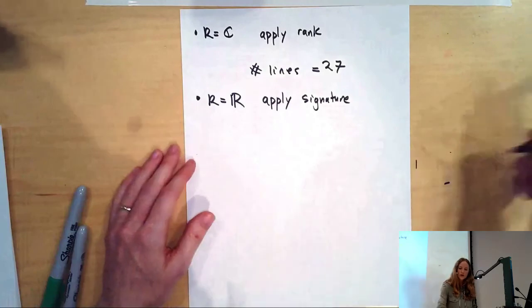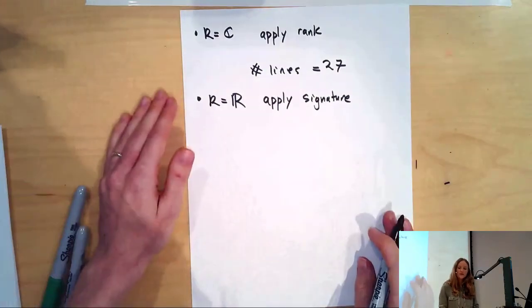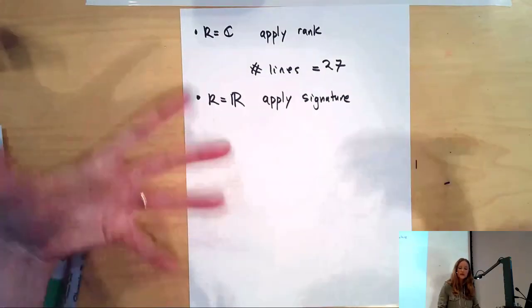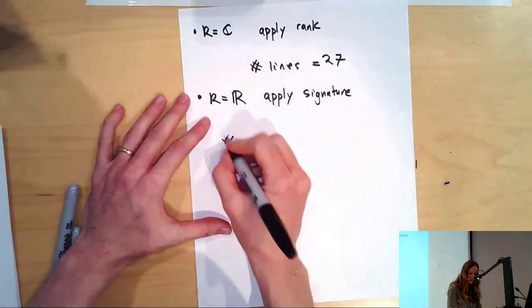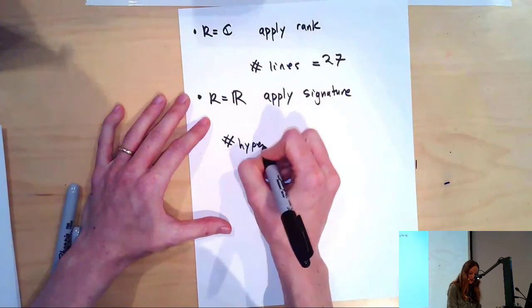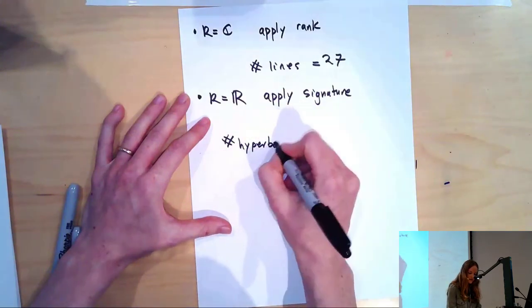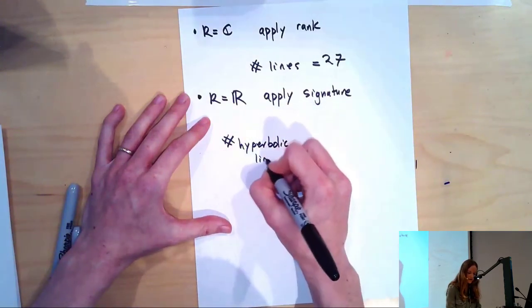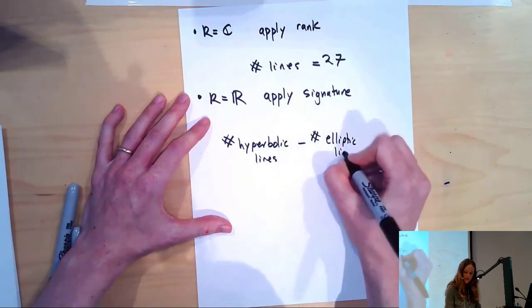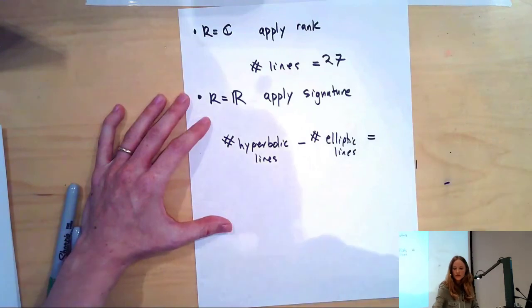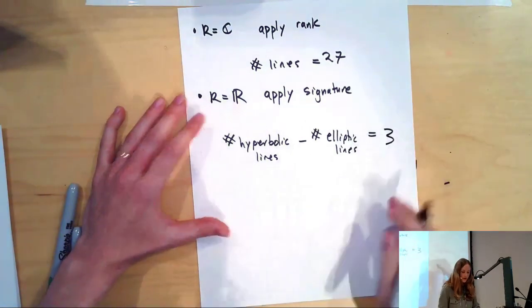So what we then get is the lines over R, and it was set up so that the type 1 lines are the number of hyperbolic lines minus the number of elliptic lines. And that's the signature of this form. That's 15 minus 12, which is our 3.